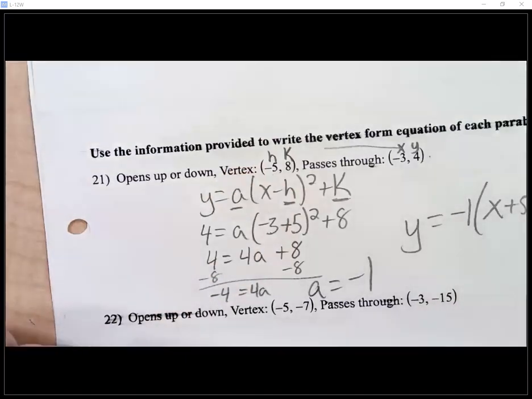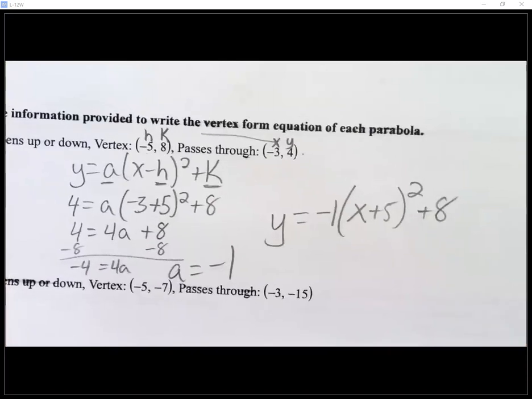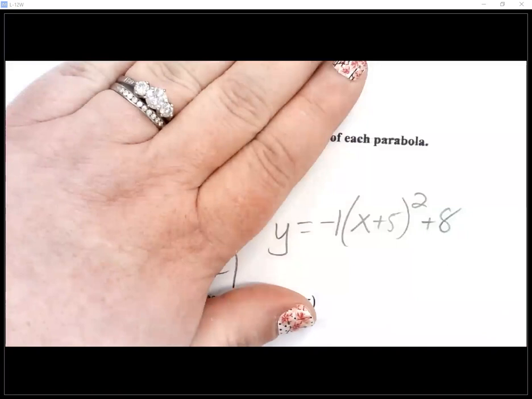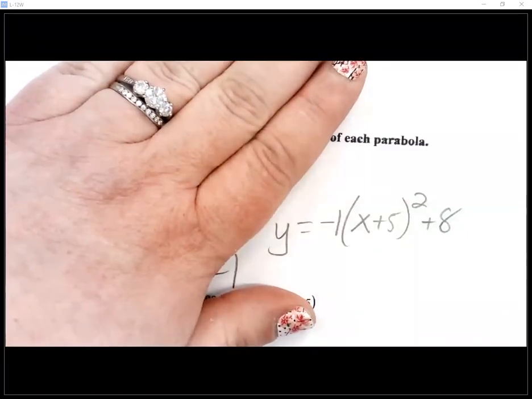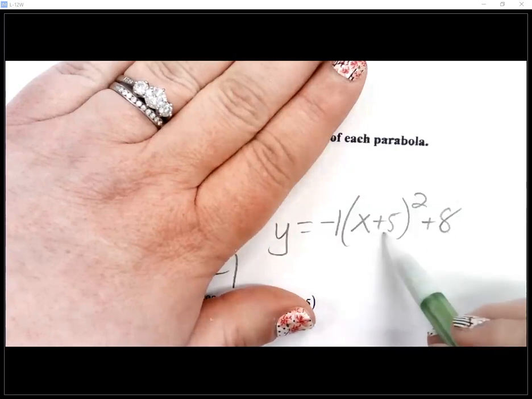Since this is a test, I highly recommend that you check your answers. It's really not that bad. Just look at your equation and say to yourself, hey self, if I had this equation, where would the vertex be? And then you know to say, oh, it's always the opposite of this number, comma this one. So the vertex of this thing would have been at -5, 8.